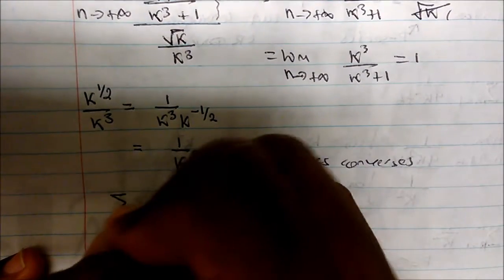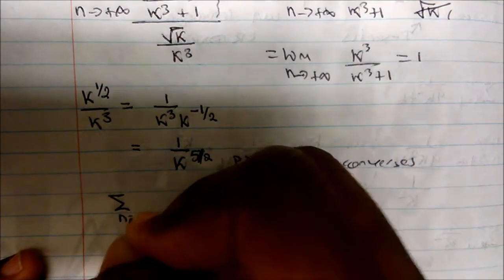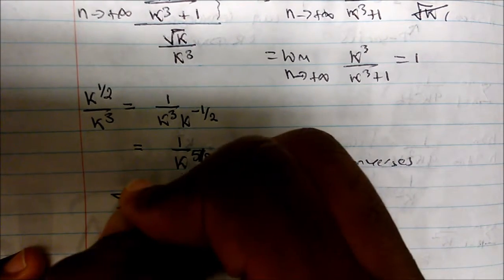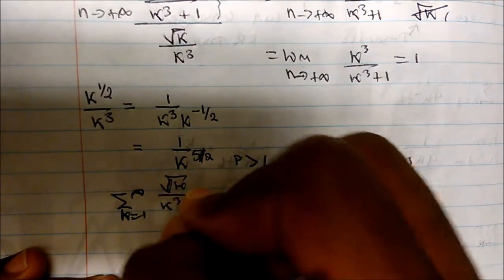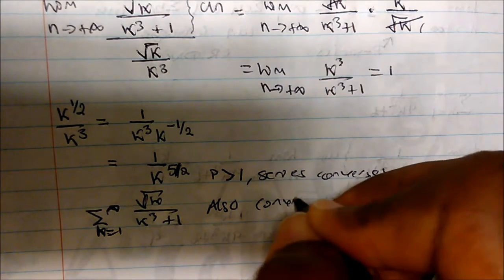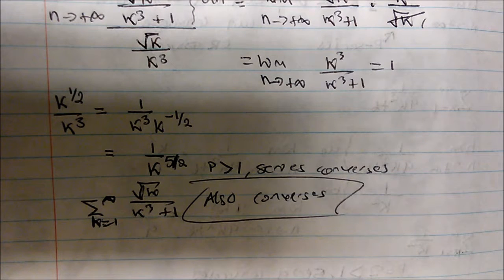So if the p-series converges, we can conclude now that the series where k is equal to 1 to infinity of the square root of k over k cubed plus 1 also converges. And so that's the general idea behind the limit comparison test.